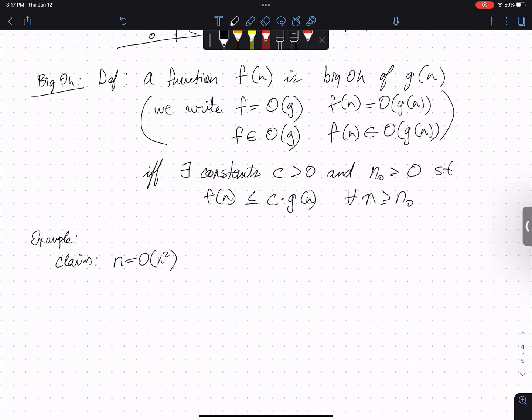Okay, so here, to apply the definition, let's do the proof of the claim. We set f of n equal to the first function and g of n to be the second function.